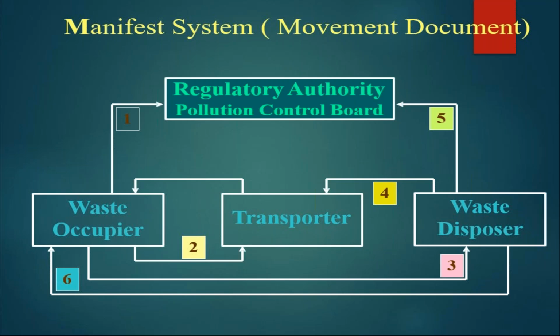We know that the State Pollution Control Board is the main authority, and the different operators, occupier, generator, transporter and waste disposer are the elements for this movement of documents.